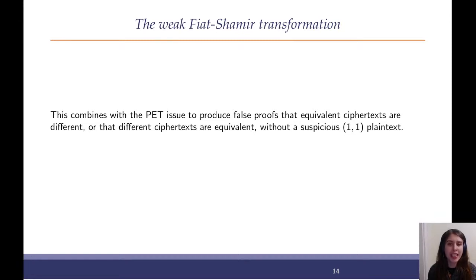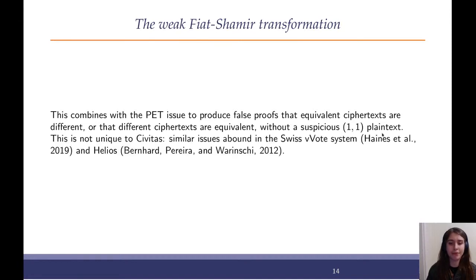However, using this weak Fiat-Shamir transformation, we're able to produce false proofs that look legitimate, that are not going to produce this 1-1 ciphertext. And we can use this in two ways. We can use it both to produce false proofs that equivalent ciphertexts are different, and we can also use it to produce false proofs that different ciphertexts are equivalent, and we don't have this suspicious identity plaintext ready to go.